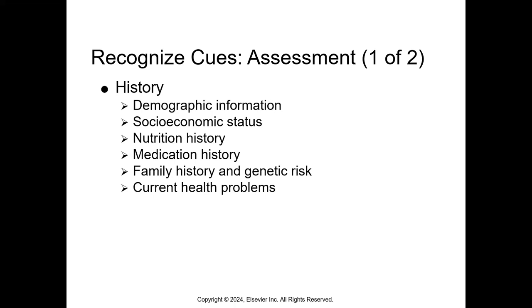Does their job work with them on being able to take off for appointments? Are they able to afford their medications? Are they able to eat healthy? Do they have the knowledge to be able to cook food? Or are they constantly eating processed food, because processed food has higher sodium, which in turn is more difficult on your kidneys?